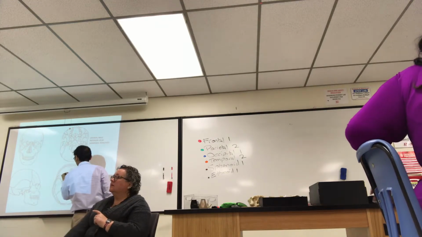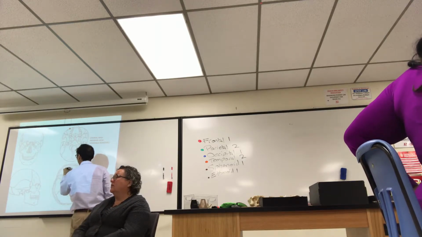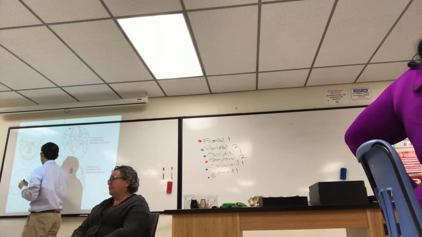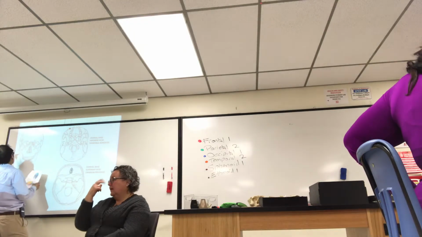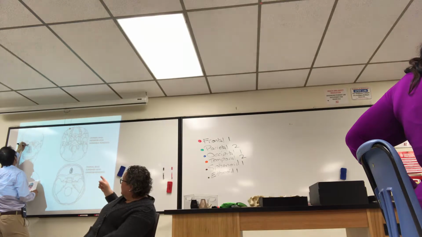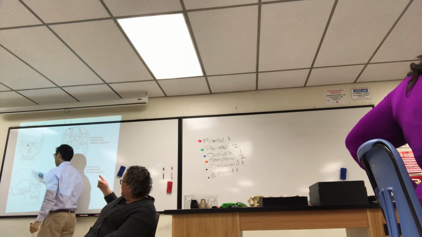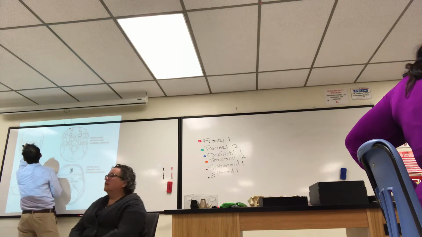Anyways, here's ethmoid right there. And you can kind of see it inside the skull, this little bit right there. Inside the orbit. And on this side here, I got a little piece of it.